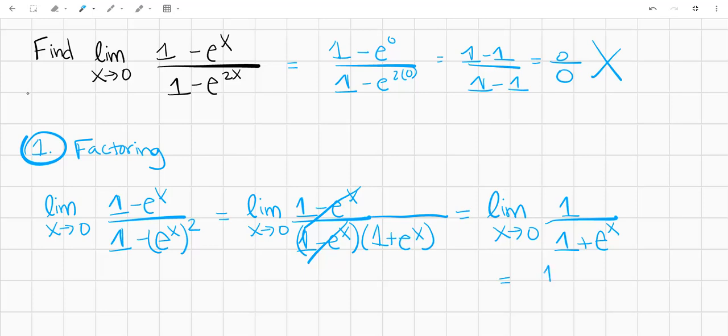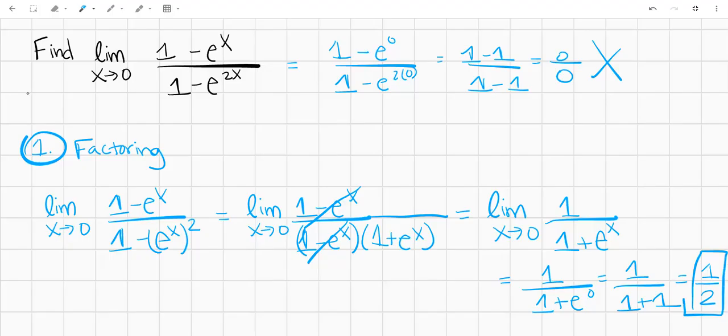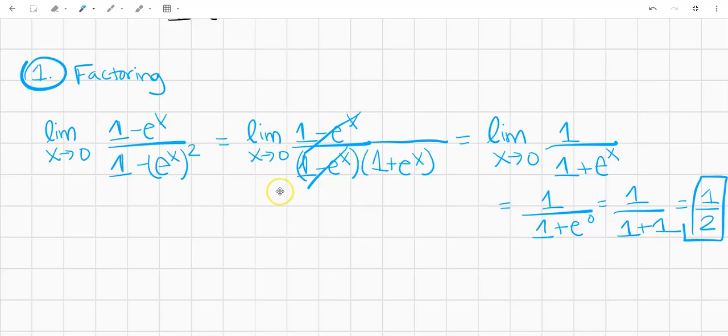This leaves me with 1 divided by 1 plus e to the 0 power, which is just 1 over 1 plus 1, which is 1/2, which is true.